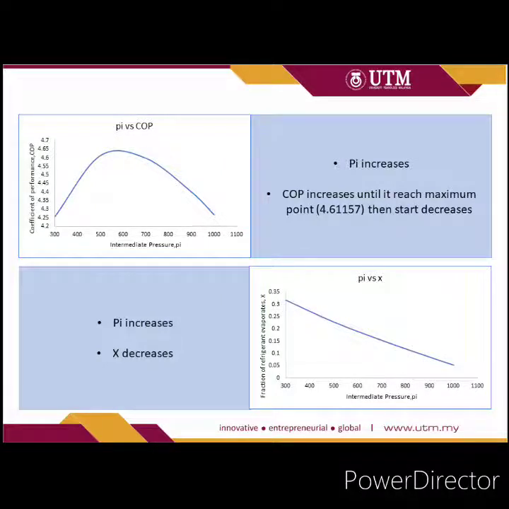Next, we go to the third graph, which is intermediate pressure versus coefficient of performance. As we increase the intermediate pressure, the coefficient of performance increases until it reaches the maximum point, which is 4.61175, and then starts decreasing.